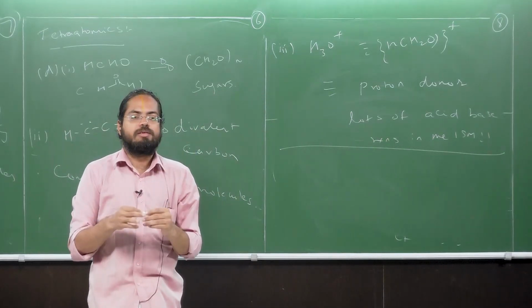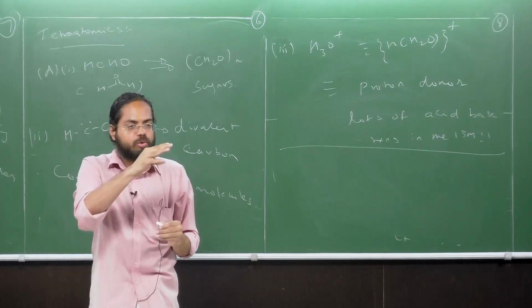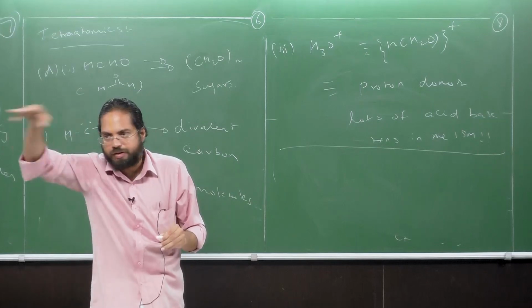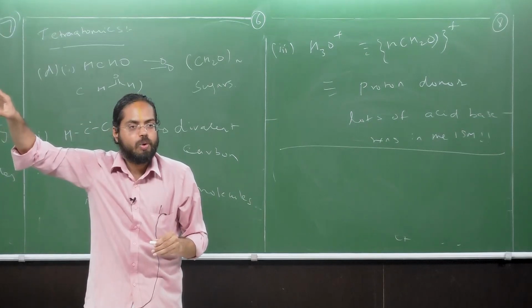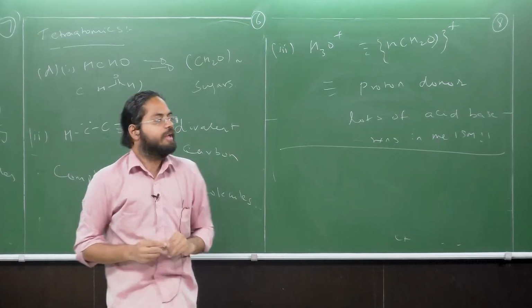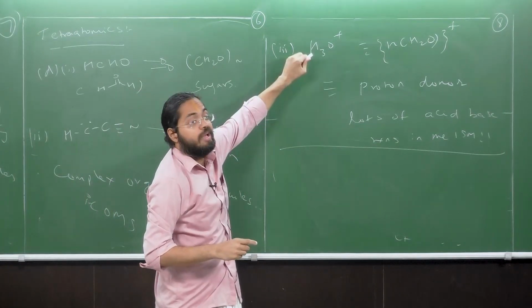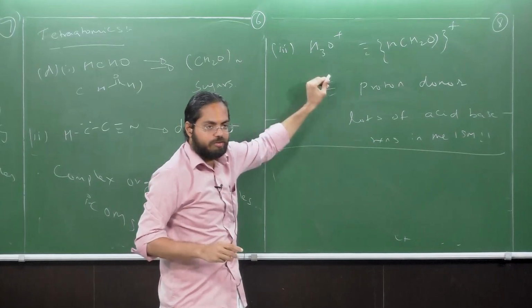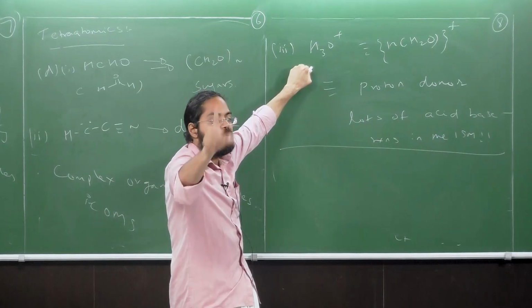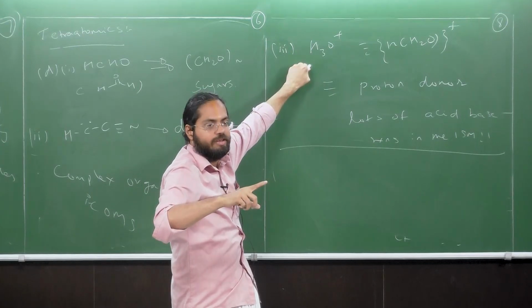The exact structure keeps changing because the proton hops across the H3O plus and the surface. So we can't find it so easily. However, in the ISM, the exact structure of H3O plus, the tetrahedral structure, has been detected. The exact monomeric structure can be found in the ISM.